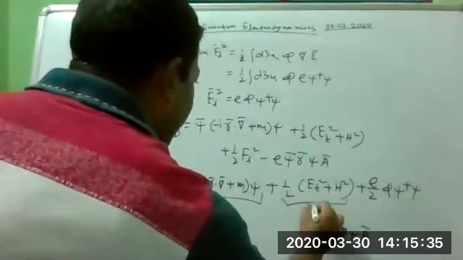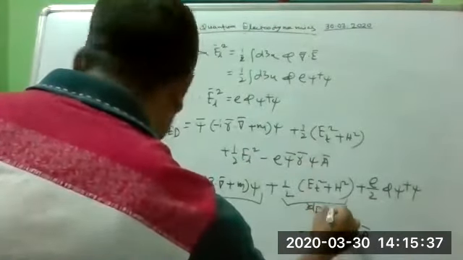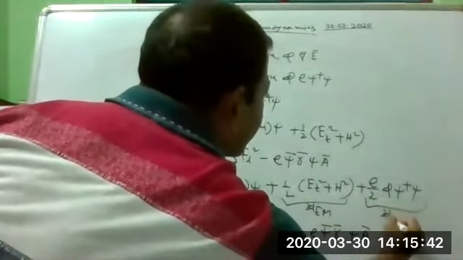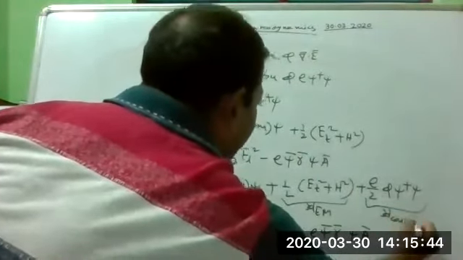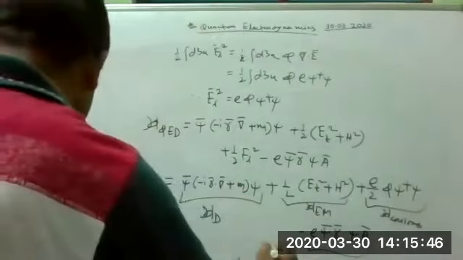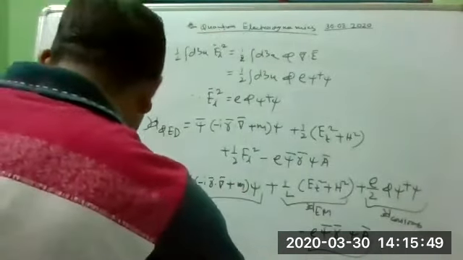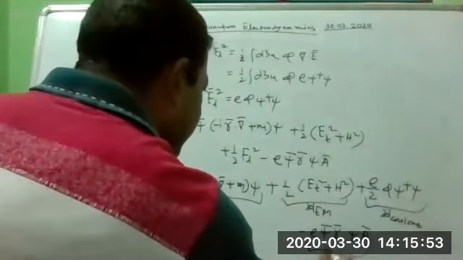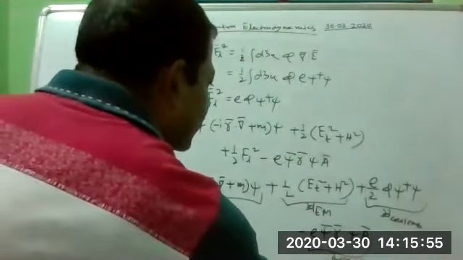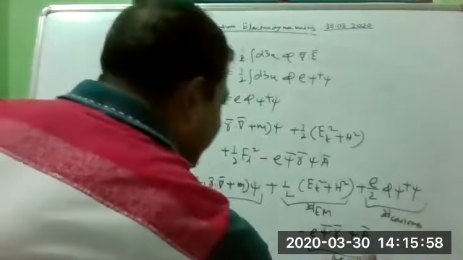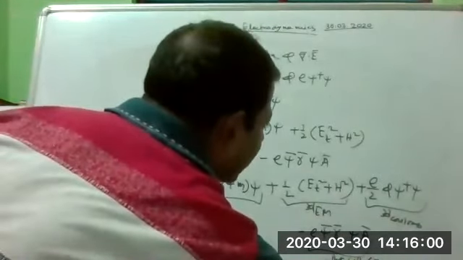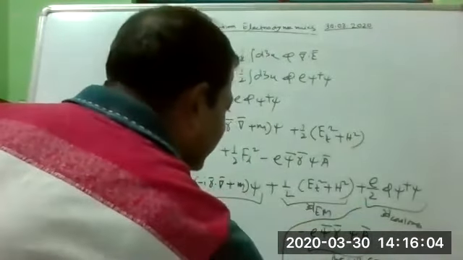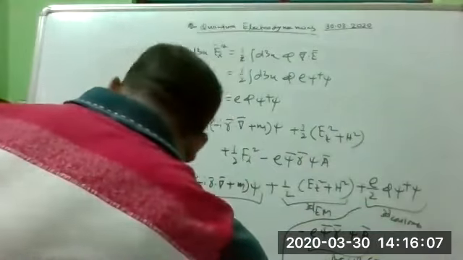This is the electromagnetic Hamiltonian. This is the H Coulomb, and this is the interaction term with coupling strength e. So the total interaction term is H Coulomb plus this term, which is the total H interaction term.